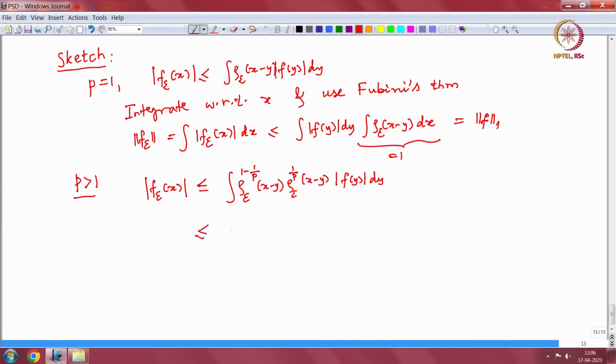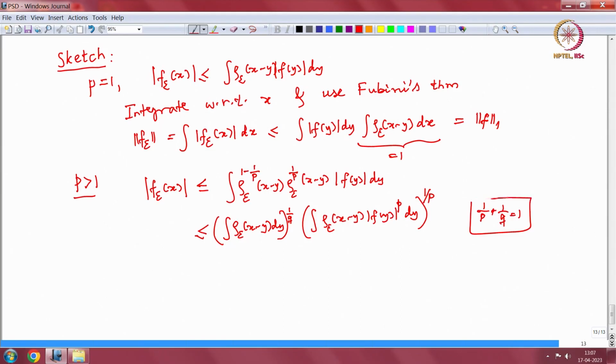Using Hölder's inequality, this is less than the integral of rho_epsilon(x minus y) dy to the power 1 by q, times the integral of rho_epsilon(x minus y) |f(y)|^p dy to the whole power 1 by p. Here 1 by p plus 1 by q is 1. So this is simply Hölder's inequality.